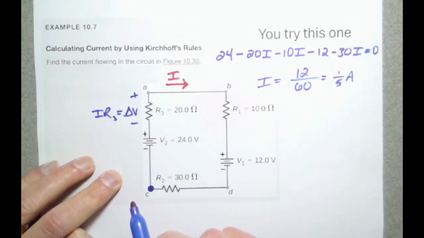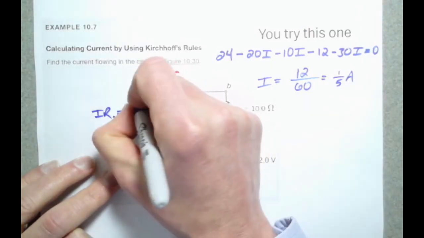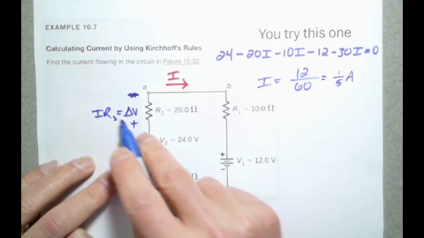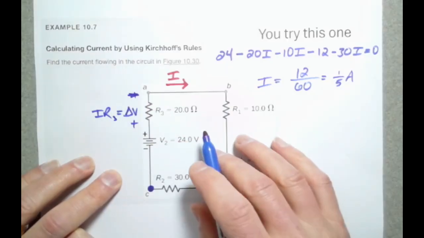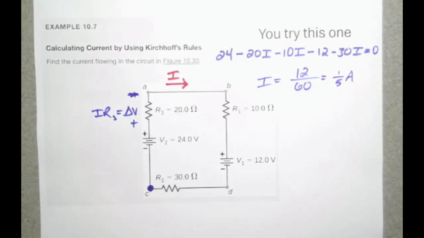Oh, sorry, I did that wrong. We're going this way. Sorry. How do you know which way goes down the resistor? So you're going down in voltage if you're going in the direction of the current. Like if you're going in the direction of the current over a waterfall, you're going down. If you're going against the current, you're going up.